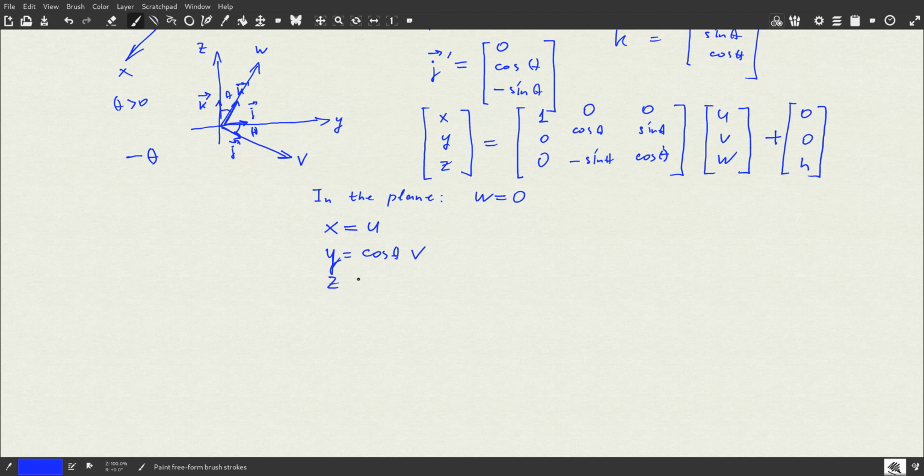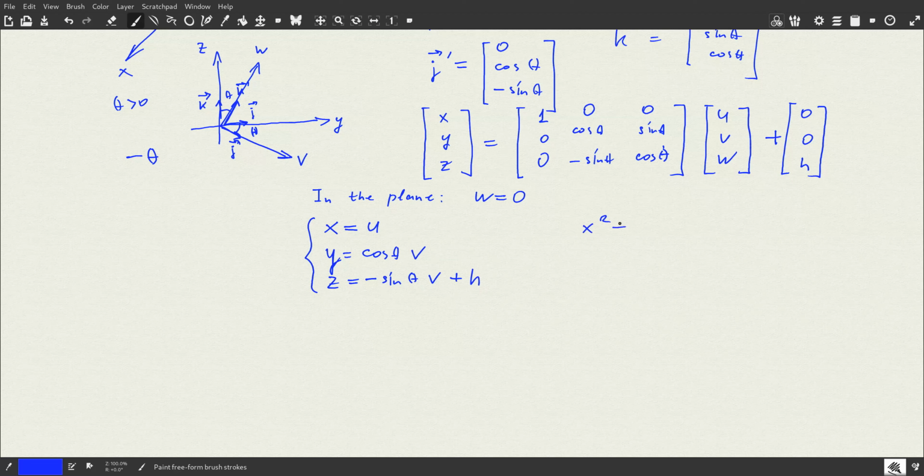And Z equals minus sine theta times V plus H. In this particular case, yes, positive V corresponds to negative Z. This is our transform. So U and V are arbitrary parameters in the plane. That's x, y, z.